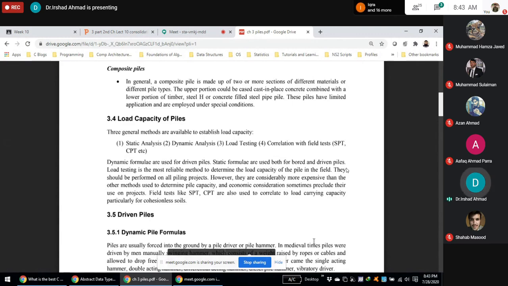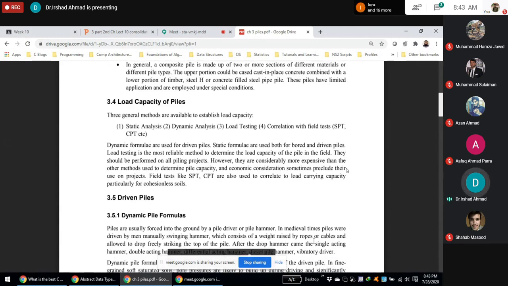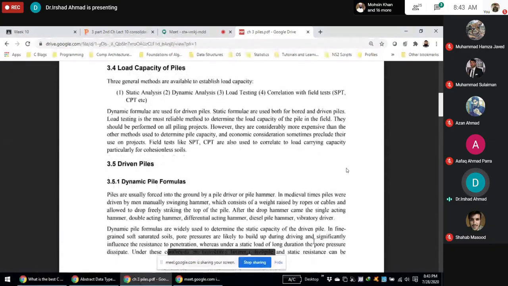Load carrying capacity of piles. This is the major theme of this chapter, in which we would find the load carrying capacity of piles.